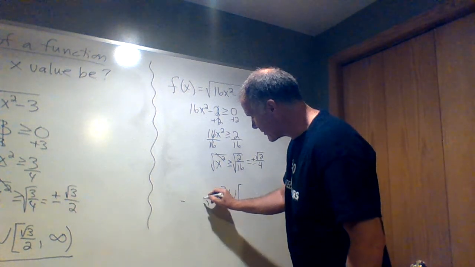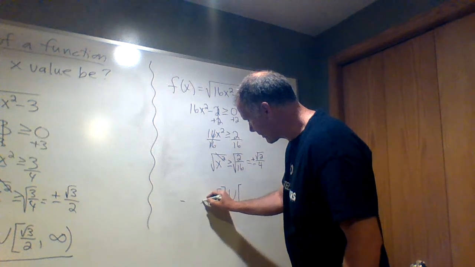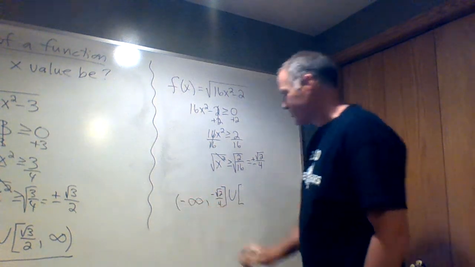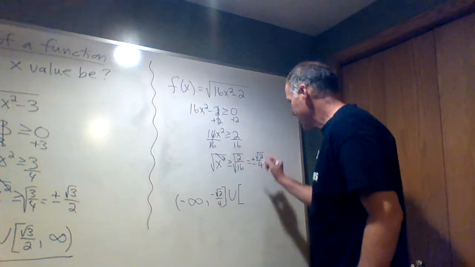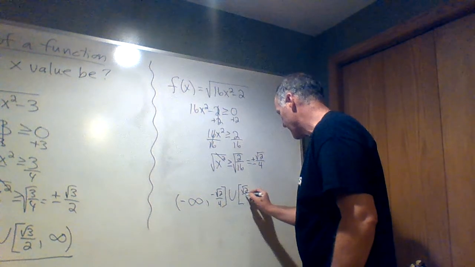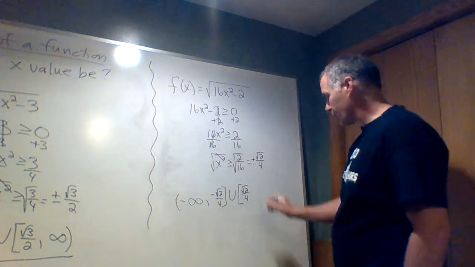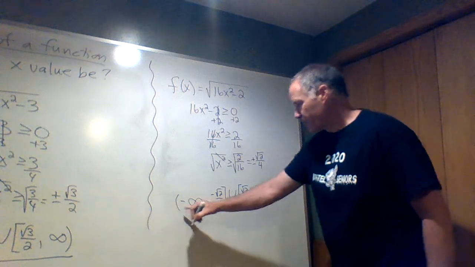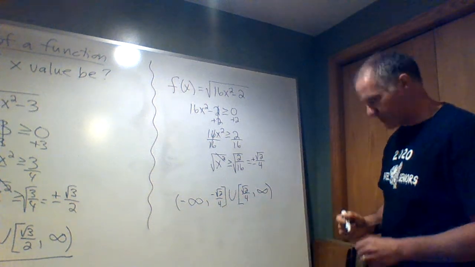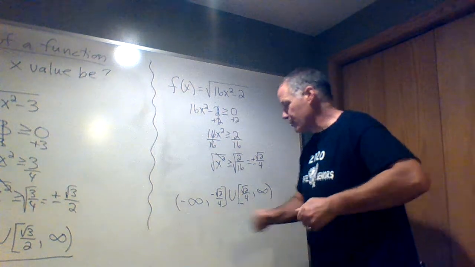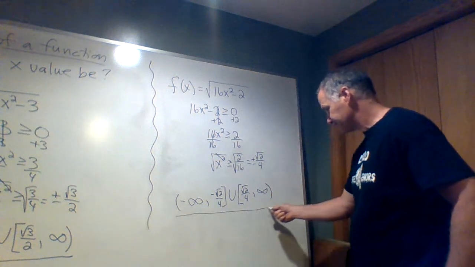Let me draw this well. Ooh, not bad, not bad. Okay, so there's my negative infinity. And then the positive radical 2 over 4, which I don't have to really write that positive sign, out to positive infinity. Remember, parentheses on the outside, on the ends of each of those infinities. And boom, there's our answer.